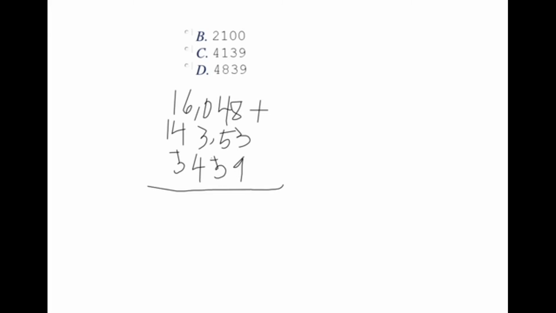So we have 8 plus 3 is 11, plus 9 is 20, we carry 2. 4 plus 2 is 6, plus 5 is 11, plus 3 is 14, we carry 1. So this is 1 plus 3, 4 plus 4 is 8, 6 plus 4 is 10, plus 3 is 13, we carry 1. So we have 33,840.